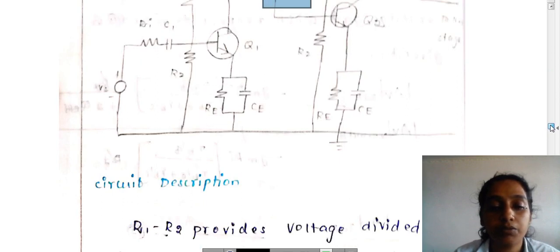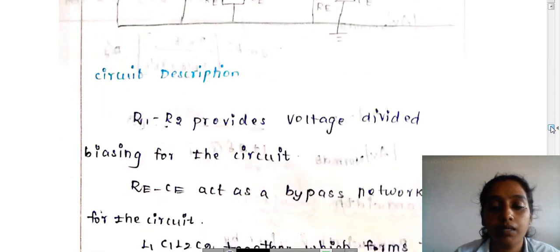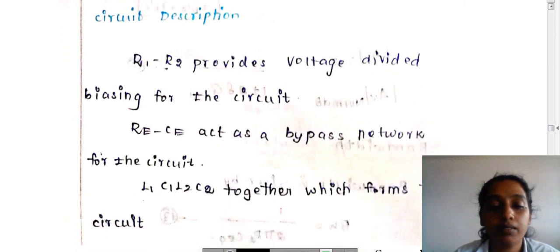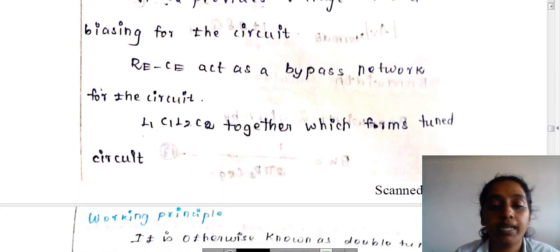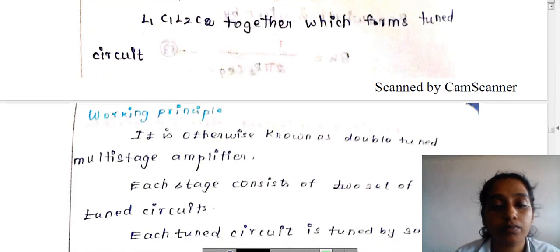In the circuit description, R1, R2 will provide the voltage divider biasing for the circuit. RE and CE will provide the bypass network. L1, L2, C1, C2 together form the tuned circuit.